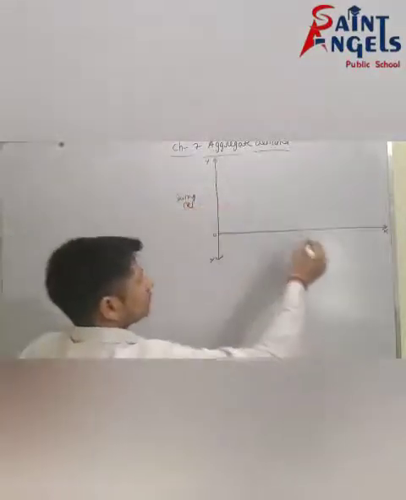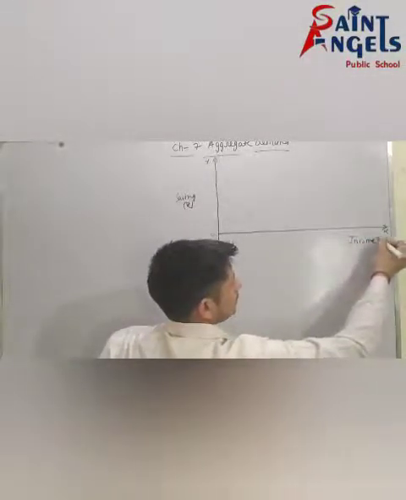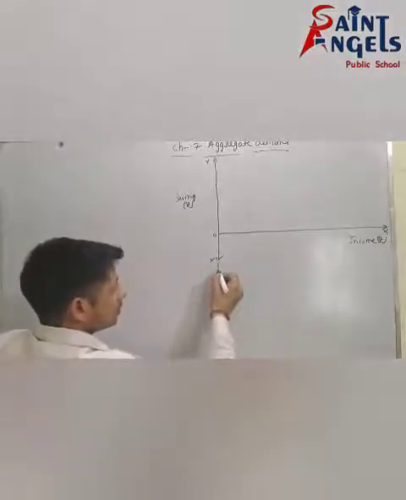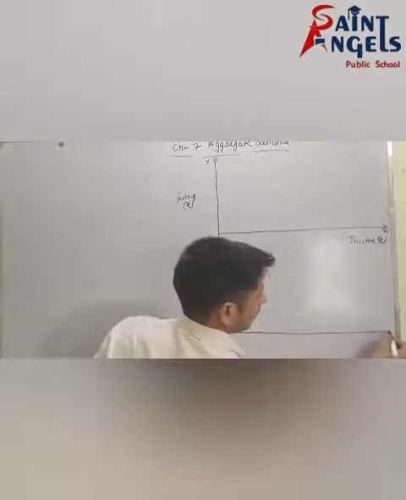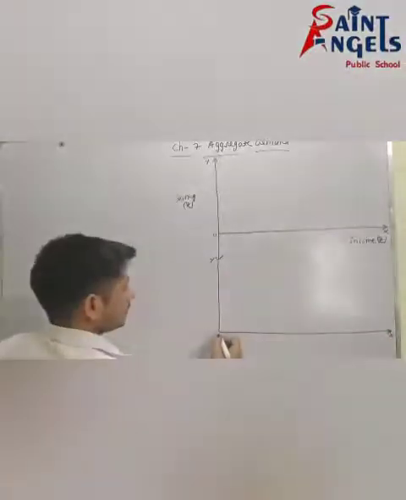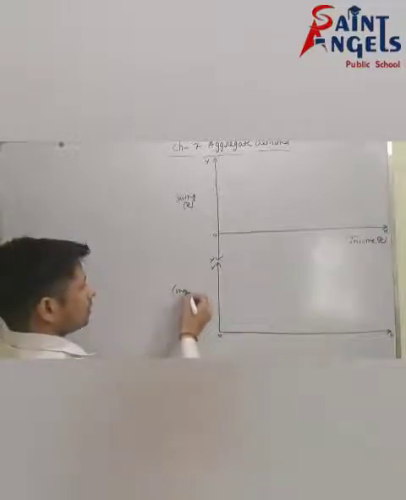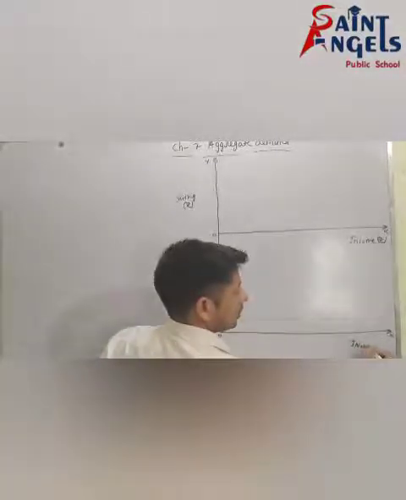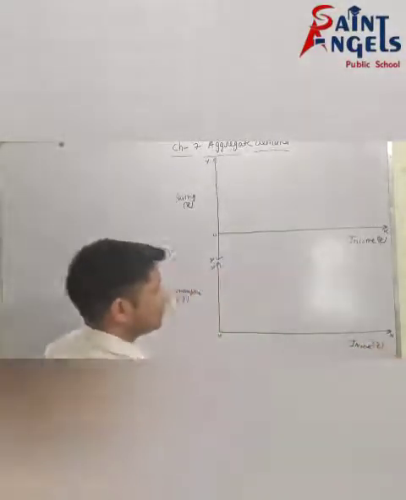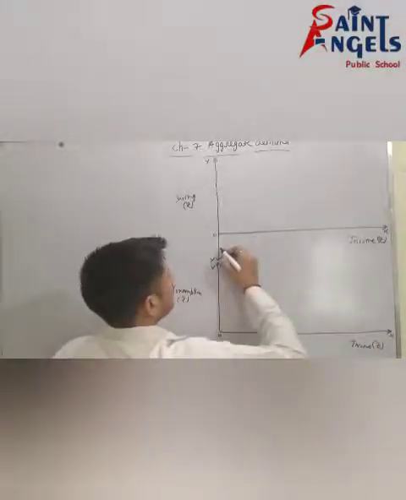Saving is measured on the y-axis, and income is measured on the x-axis. Consumption is measured on the y-axis and income is measured on the x-axis. Now all of you know that the saving curve will be like this.